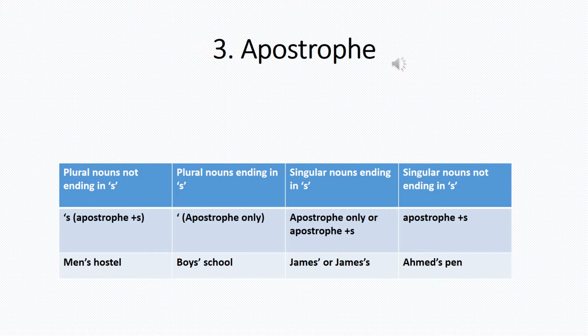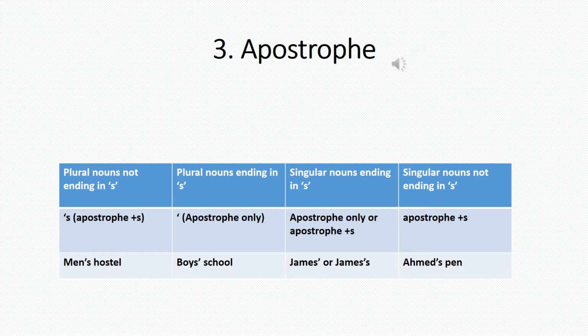There are majorly four rules related to this one that I have given in the box. Here in the columns, you can see and understand in a better way. To show possessive case, we use apostrophe and s or apostrophe only. See, in case the noun is plural and that plural noun is not ending with s, we use an apostrophe plus s to make it possessive.